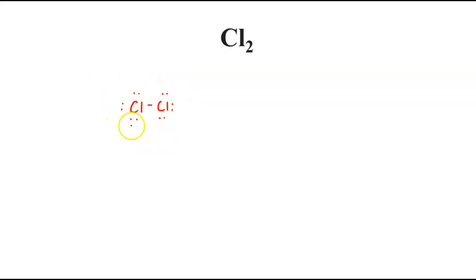From what we saw in our comic strip, we know that when we have two atoms that are the same, they have an equal push and pull. So this is considered nonpolar. The way that you can determine that is, are the electrons, these lone pairs, equally distributed on both sides? And the answer is yes. We've got electrons surrounding this entire molecule, and they are equally distributed.